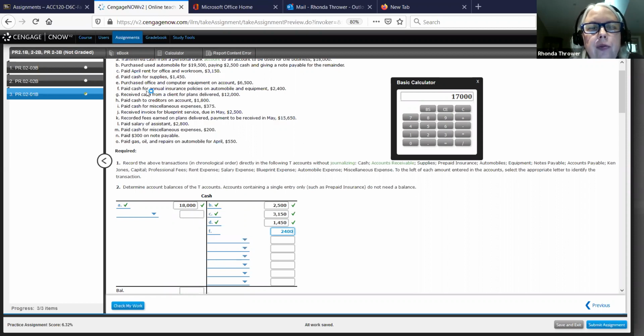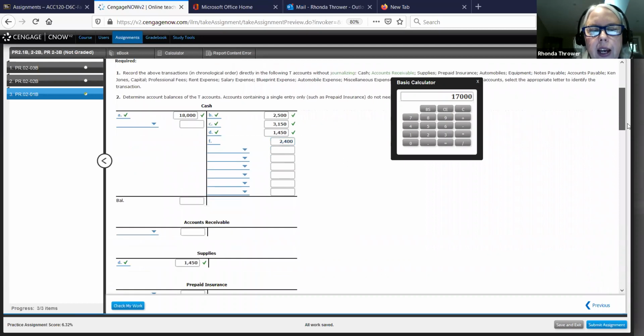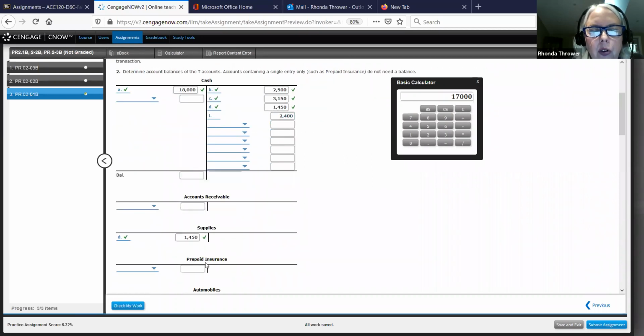I paid for insurance policies, and insurance is a type of a prepaid expense. Insurance is recorded as an asset before you can use it. So we're going to look for an account called prepaid insurance.